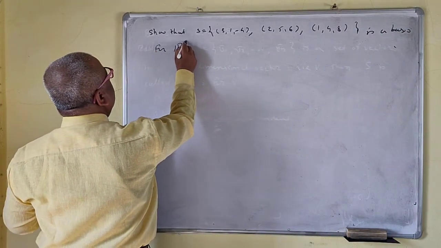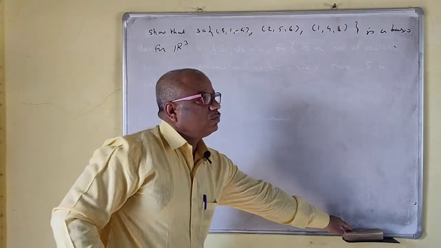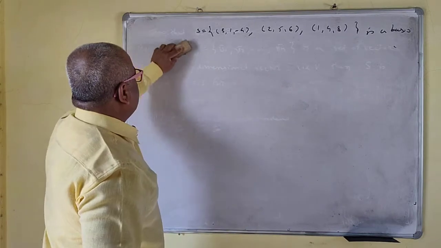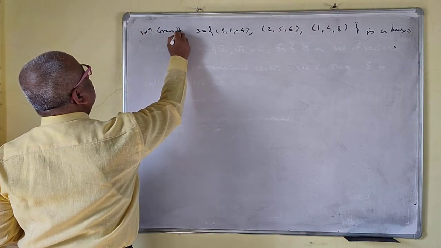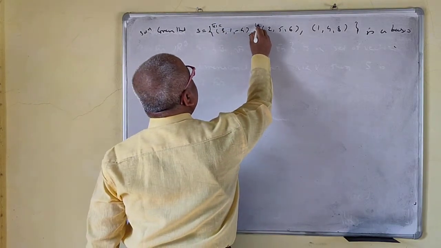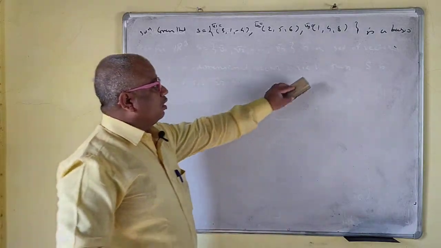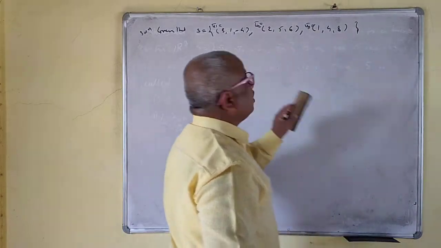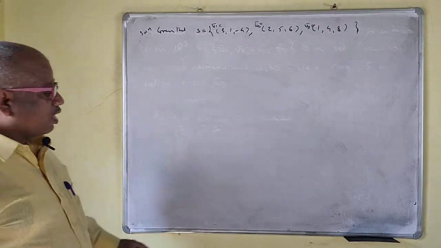Solution. Given that, I will call these U1 bar, U2 bar, and U3 bar. So S is equal to U1 bar, U2 bar, U3 bar, each equal to these vectors. So what do I have to prove?